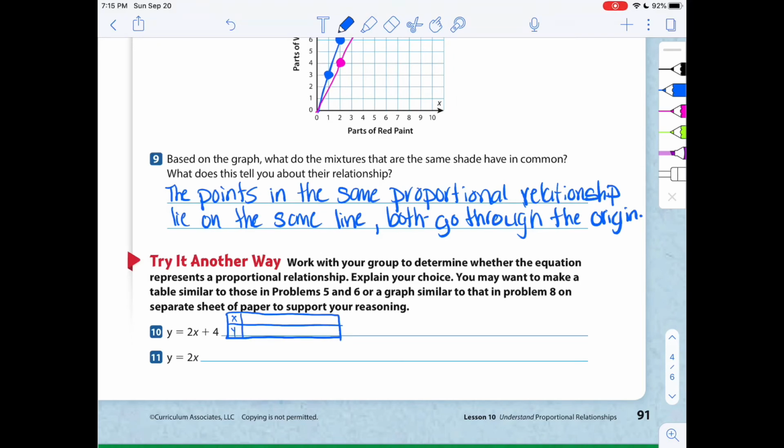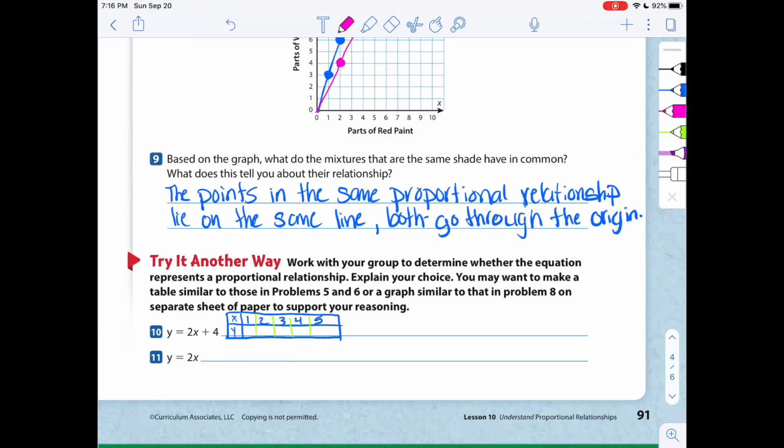You can pick the values you want for x. So we could just say 1, 2, 3, 4, 5. And we can use that equation to determine our values for y. So we can evaluate and plug those in.